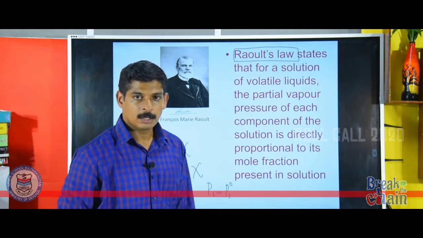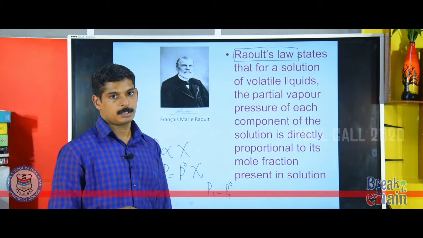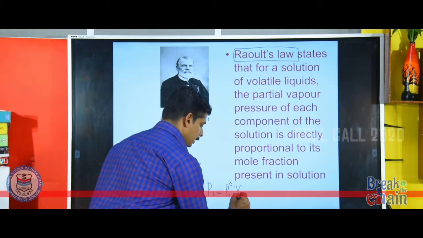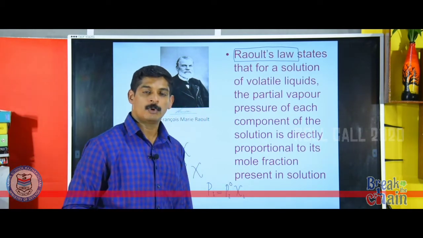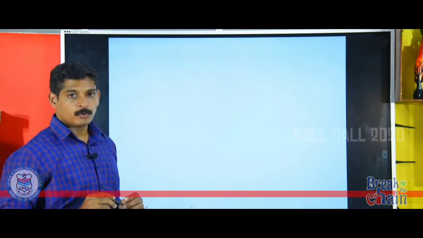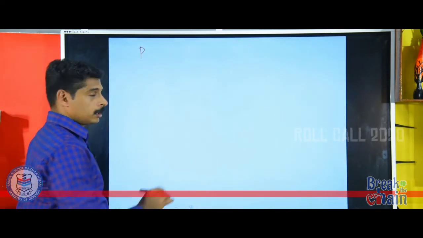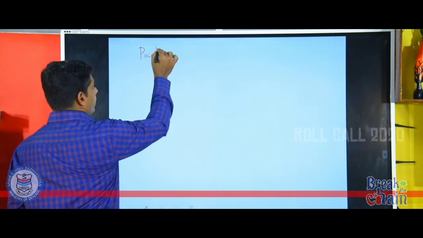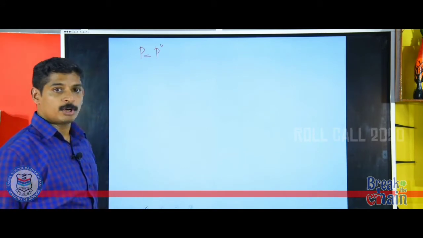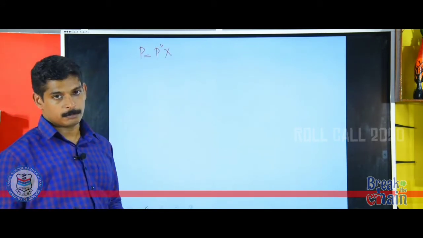It represents the vapor pressure of that pure component, into chi i. What is chi i? It is the mole fraction of that component present in the solution. So, the partial pressure of a component in a liquid is equal to P0, the vapor pressure of that pure component, into chi, the mole fraction of that component.